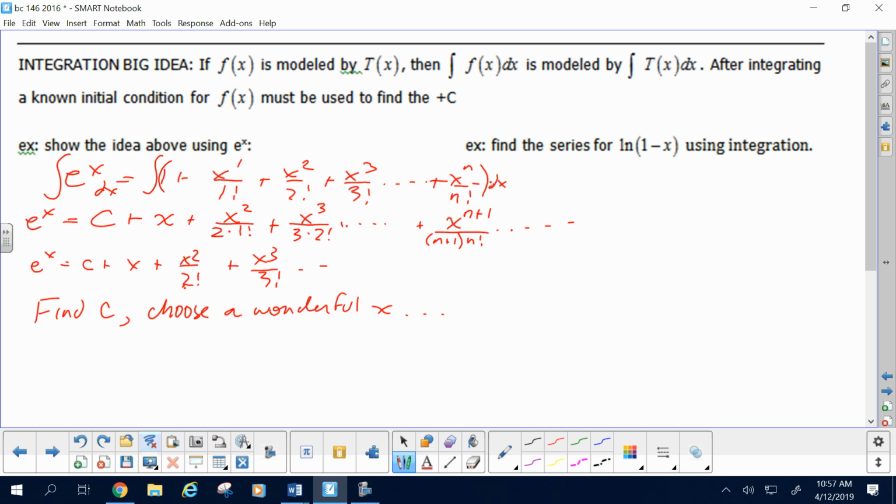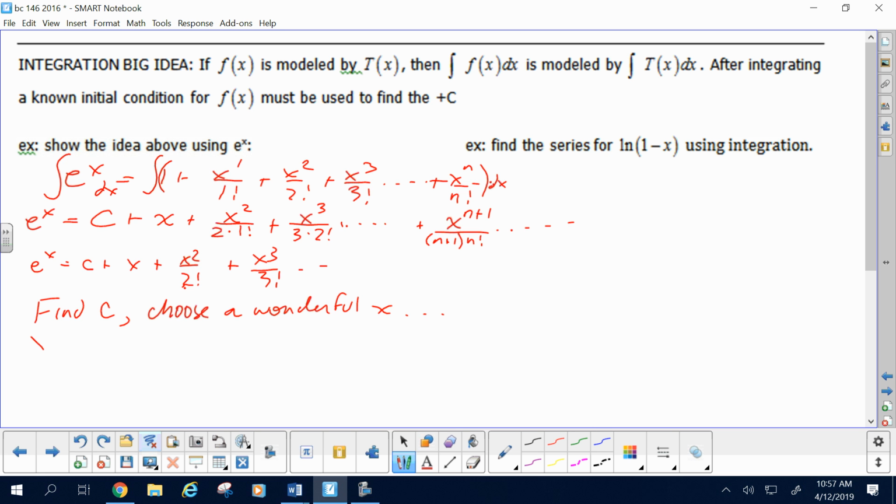This should be true at any x in the interval of convergence. So, what is a good x to choose? Well, let's think of good numbers, zeros and ones. 1 would stink because you'd have e equals c plus 1 plus 1. That would be yucky, yeah?